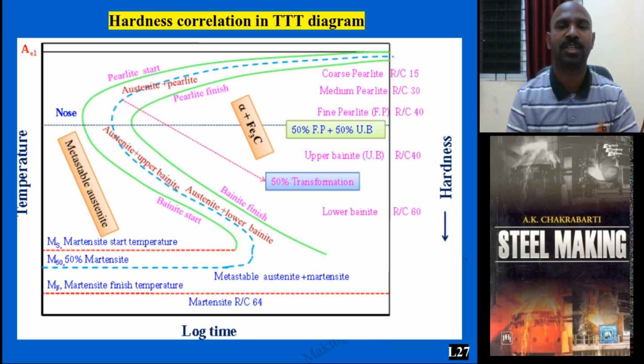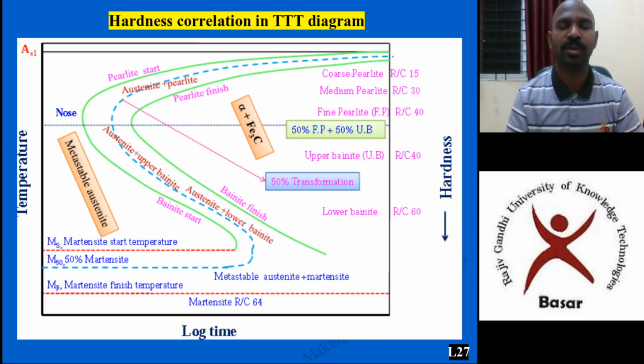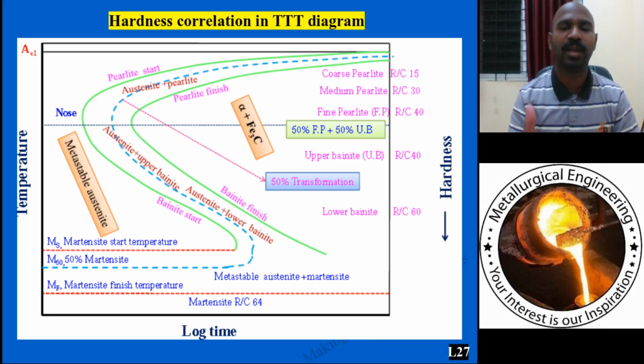When you keep a temperature constant for this much time, or when you choose this particular cooling media, fast or slow, water, oil and brine solution, how does it occur? That is why this diagram is very important, crucial for the heat treatment part. Making iron and steel is the first part of the subject.